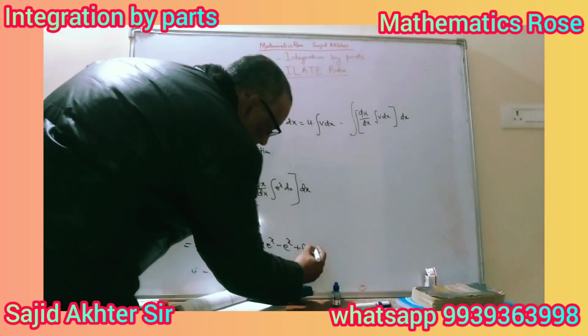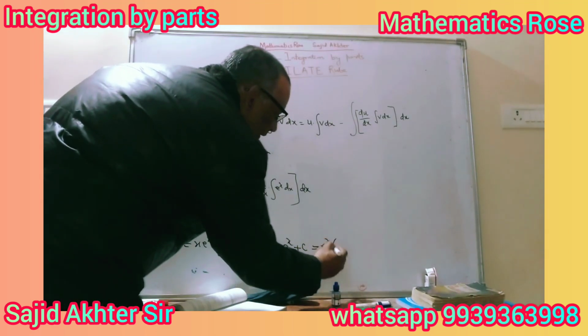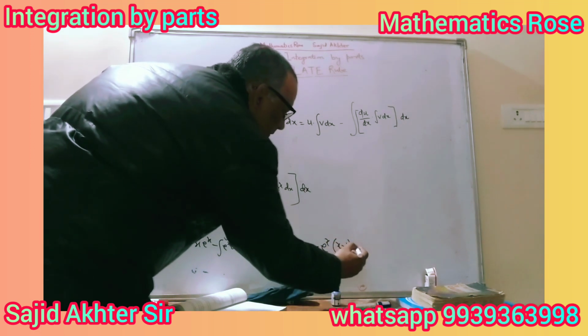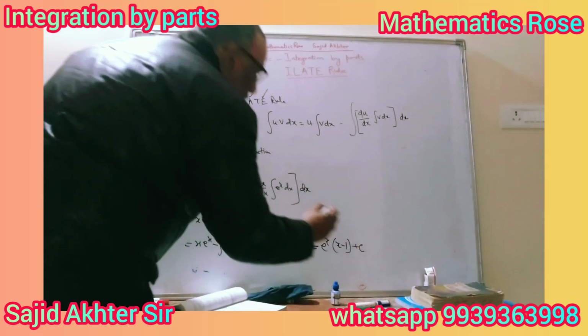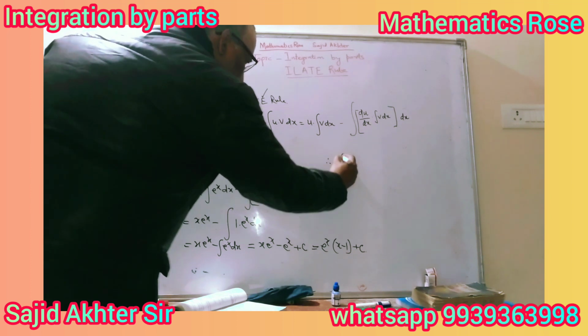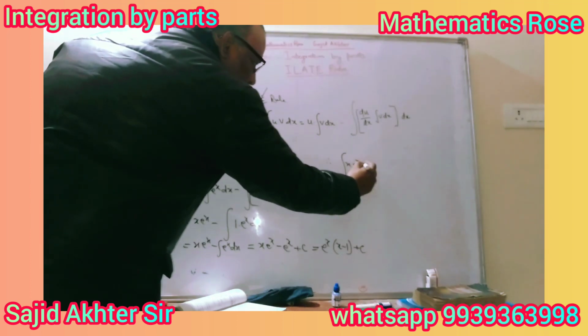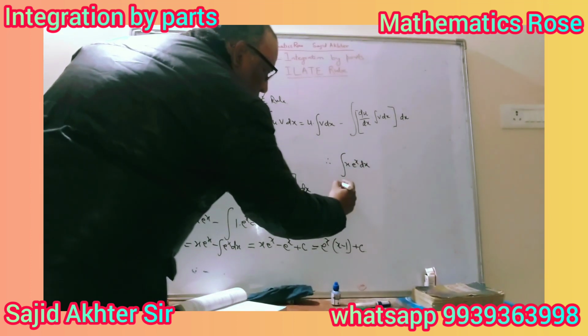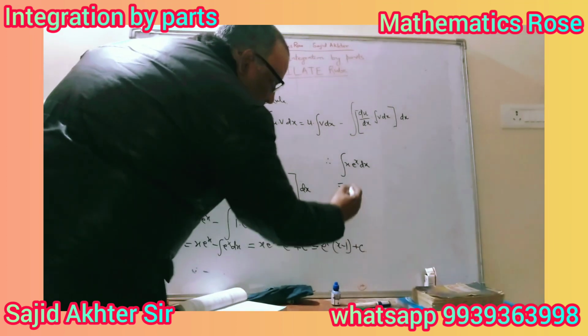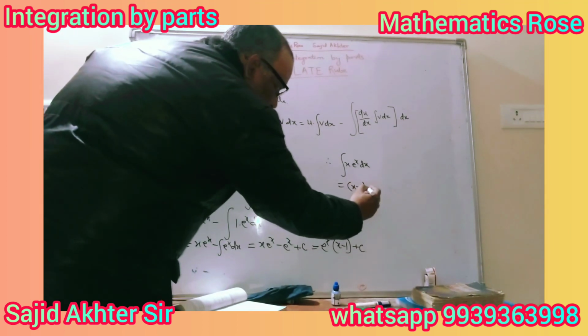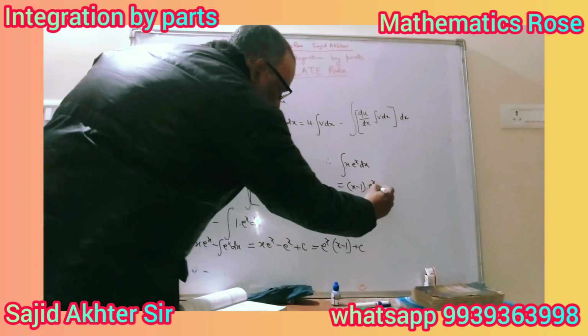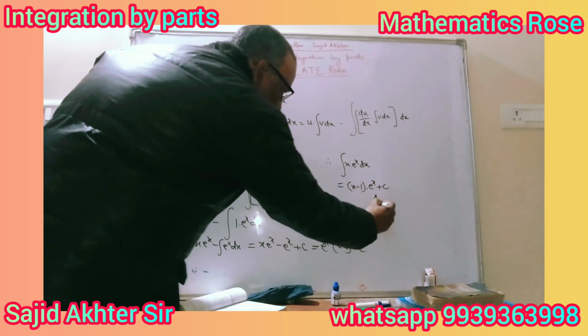Now we will take e to the power x common, so x minus 1, plus c. So therefore the integration of x e to the power x with respect to x is equal to x minus 1 times e to the power x plus c. So this is the answer.